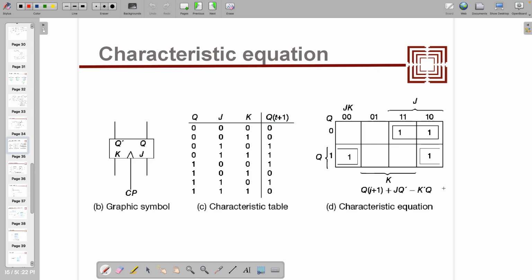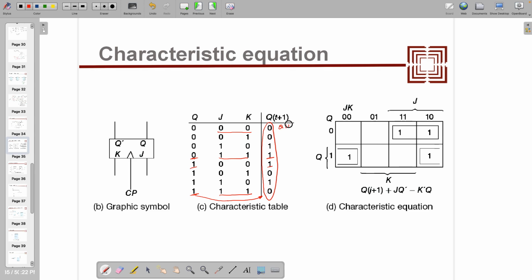If no doubt, then maybe we can write down the characteristic equation using the given truth table. Here you can see in the book they are taking 1 to 0, when both are 1 1 it's Q bar, both are 0 0 it's Q of t.